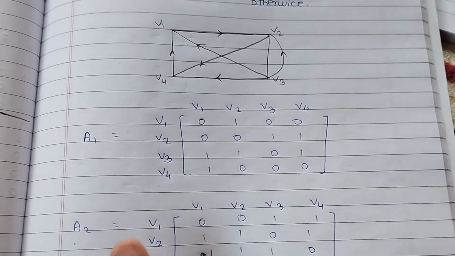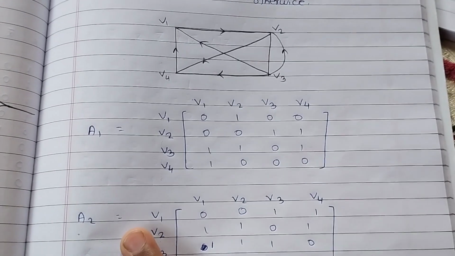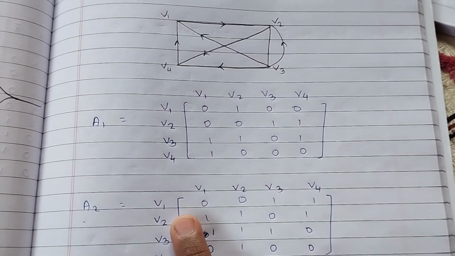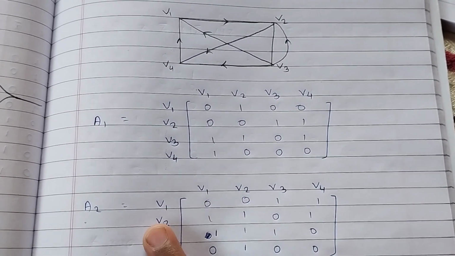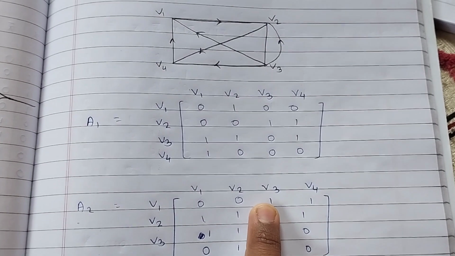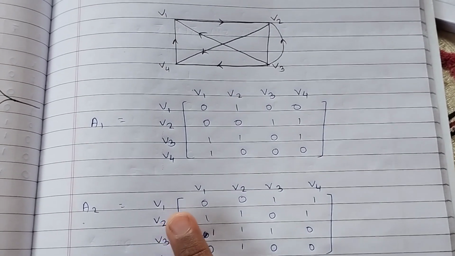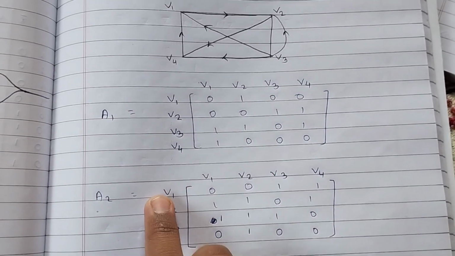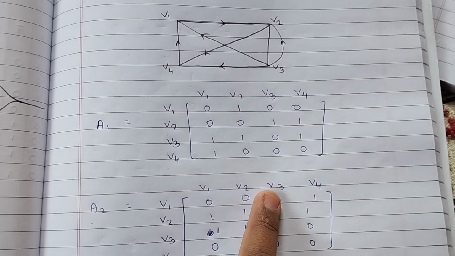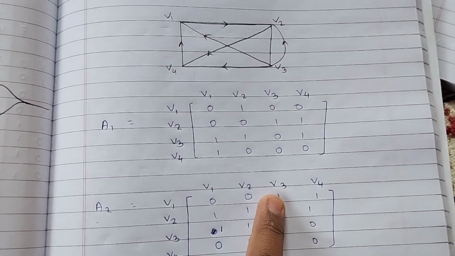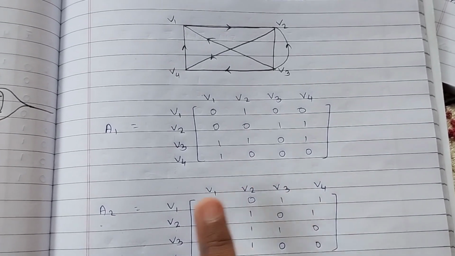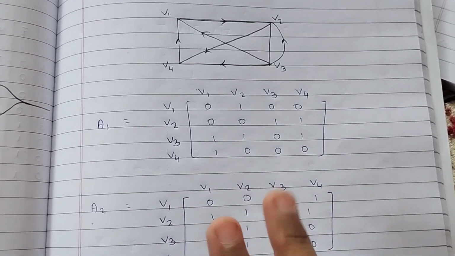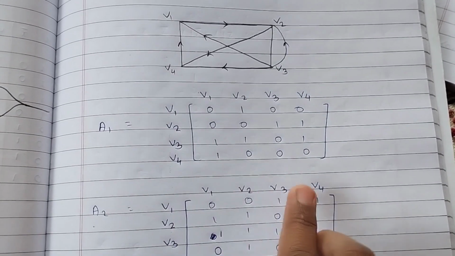No. For the requirement of A2 we want two edges for the path to reach from source to destination. Now V1 to V3: we want two edges between V1 to V3.